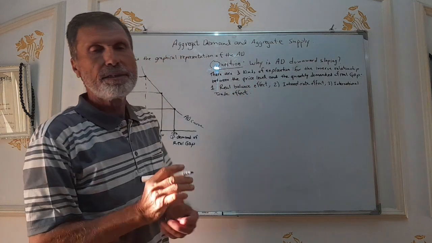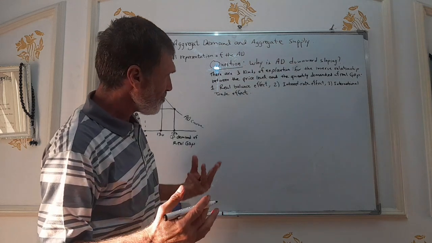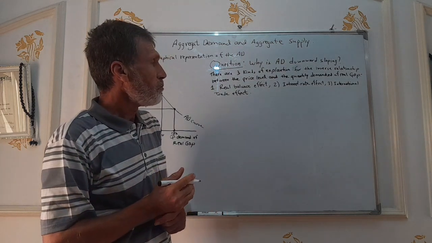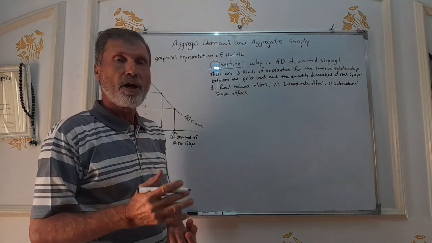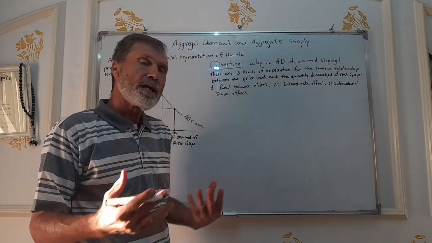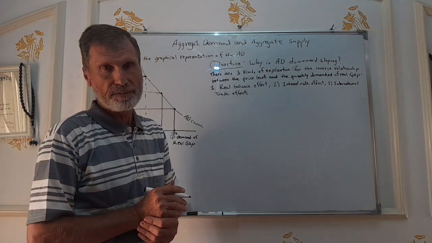Let's talk about the real balance effect. Let's see what the real balance effect explains about the downward sloping aggregate demand curve.